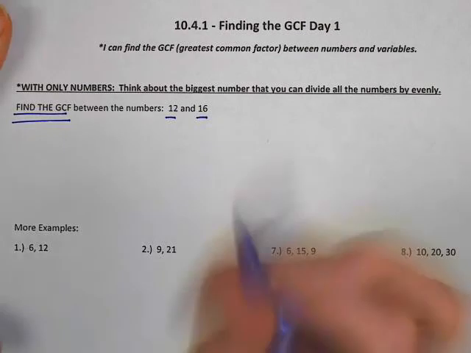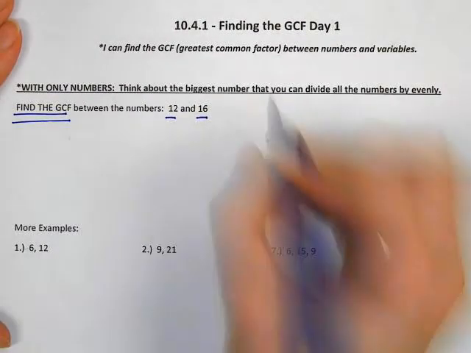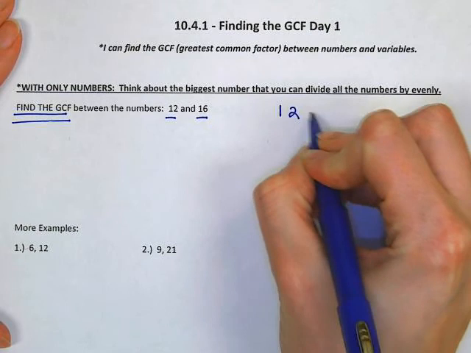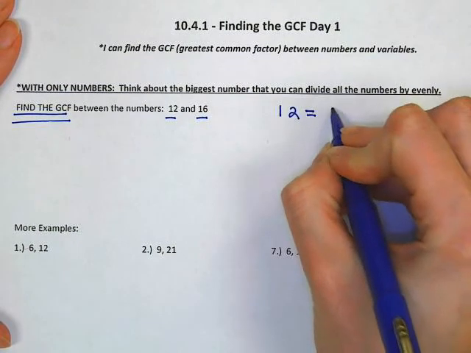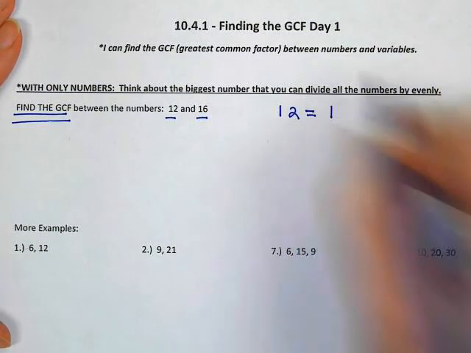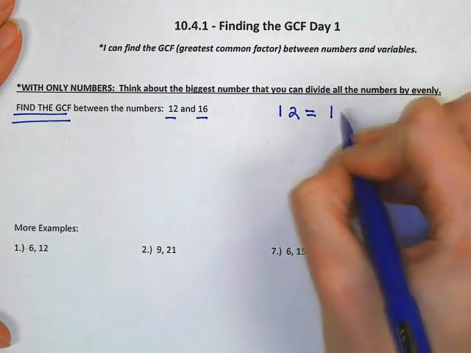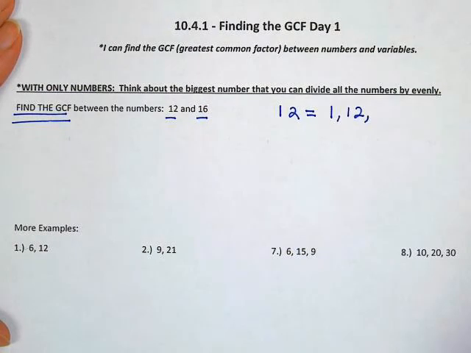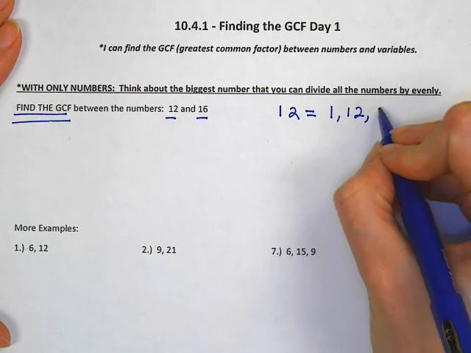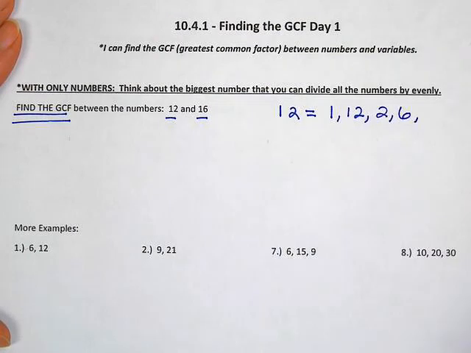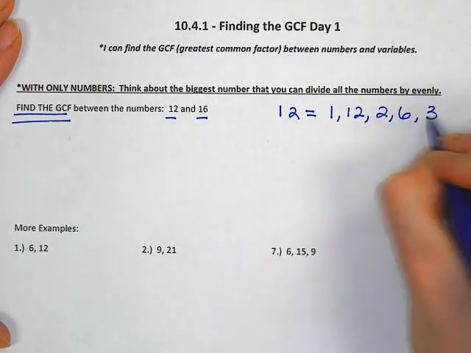So what you do is write down all the factors of 12. So 12 could be 1 times 12. 12 could also be 2 times 6. 12 could also be 3 times 4.